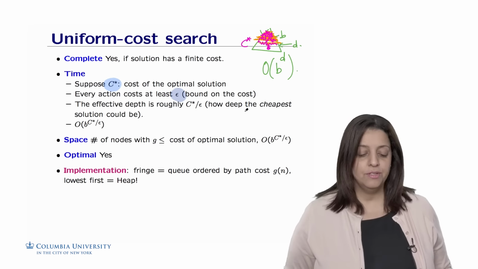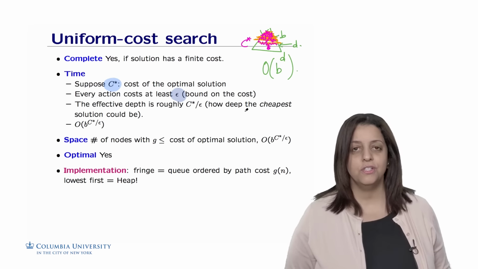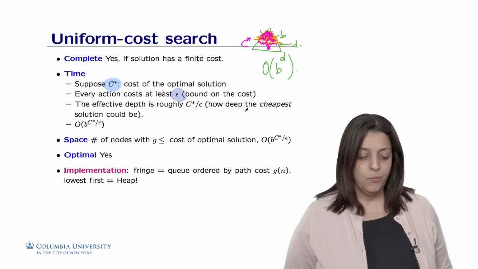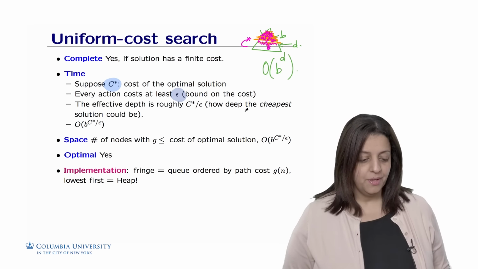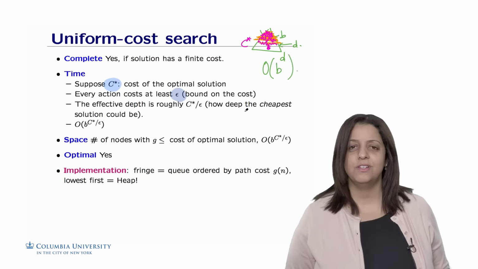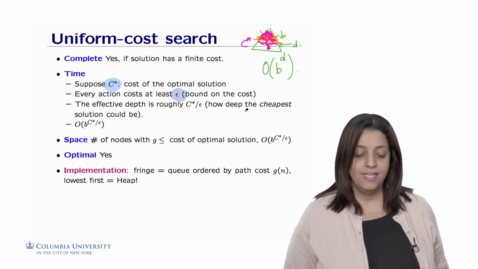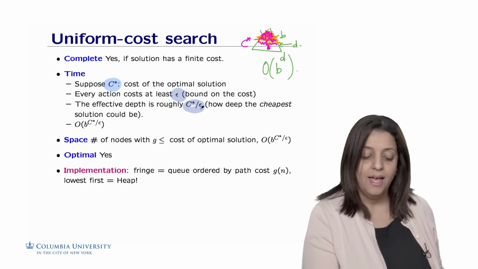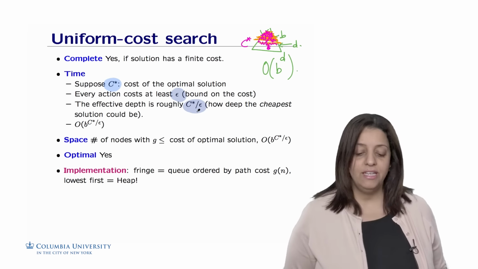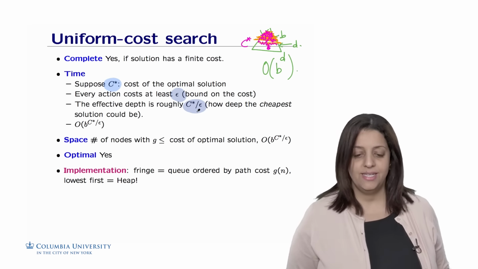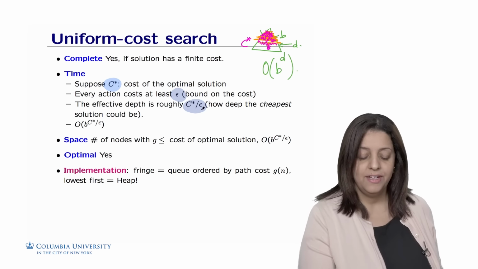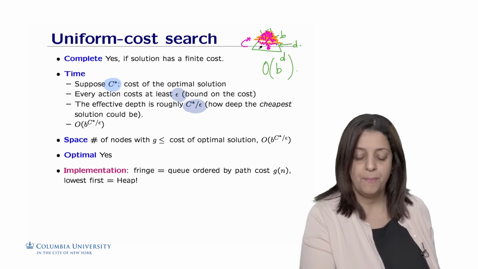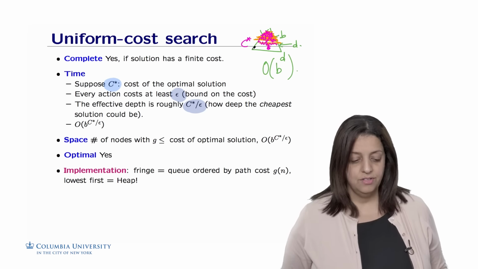Afterwards, we can calculate the depth of such a solution with the optimal cost C star. The effective depth is roughly, just an estimation, C star divided by epsilon, which means how deep is the cheapest solution, where is it exactly.